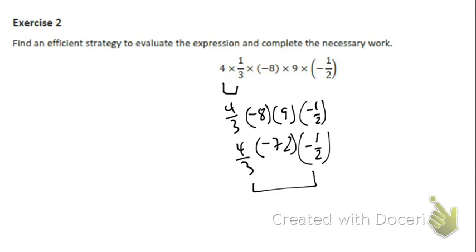Then I can multiply 2 fractions. I get -4 over 3 times 72. Here I can turn that 72 into 72 over 1.